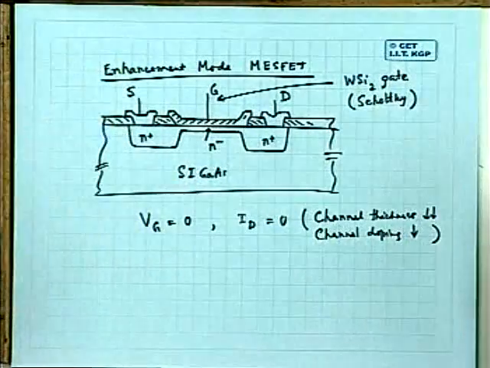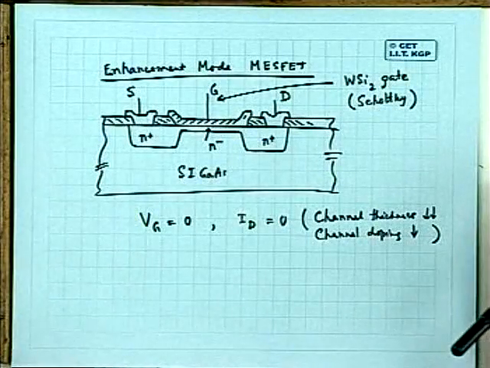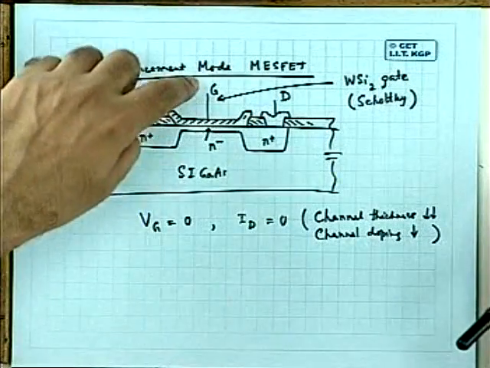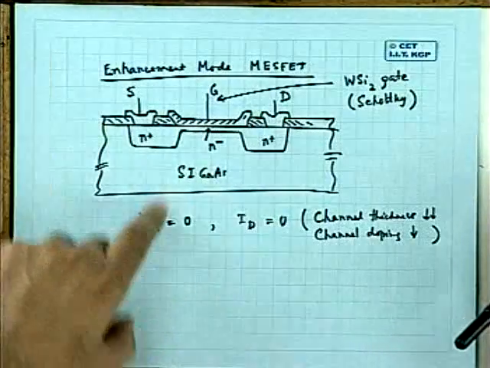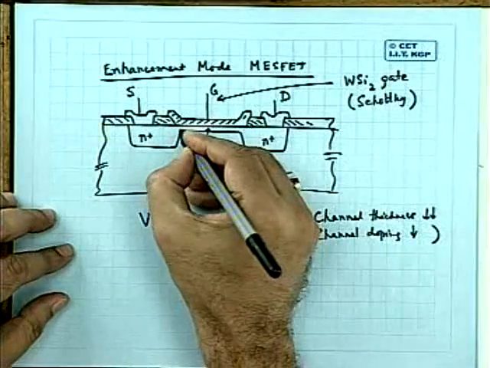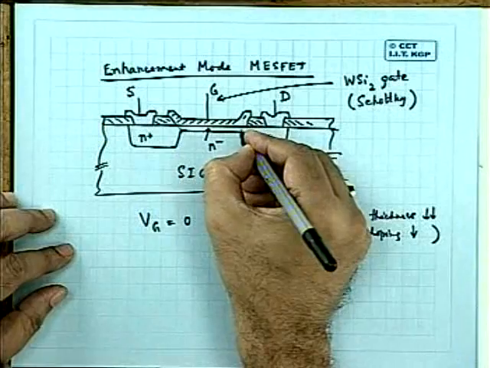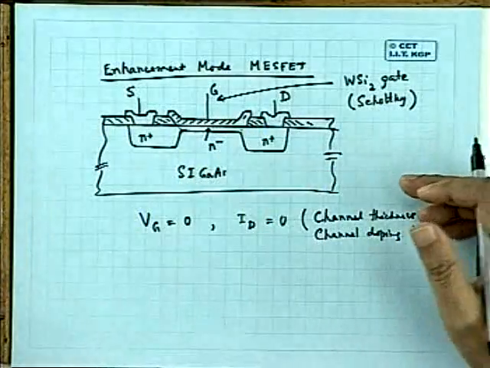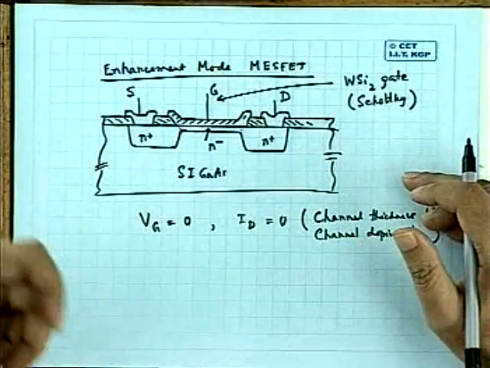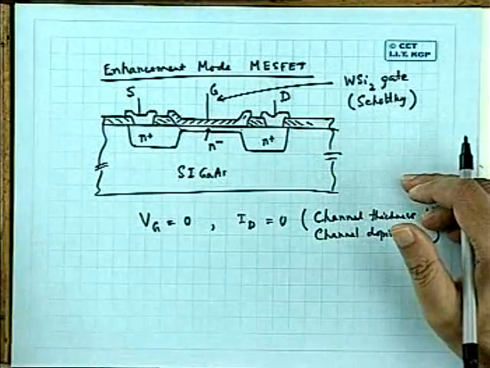So you have to precisely control the channel thickness and channel doping so that when Vg is equal to 0, the channel is choked off by the depletion layer, as a result of the built-in potential on the semiconductor side of the Schottky barrier.